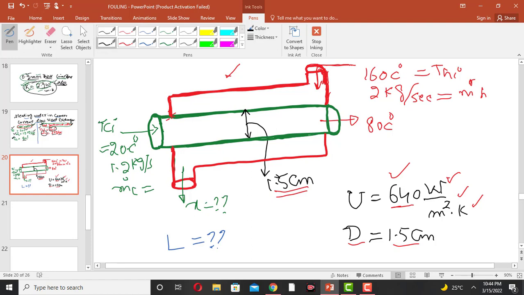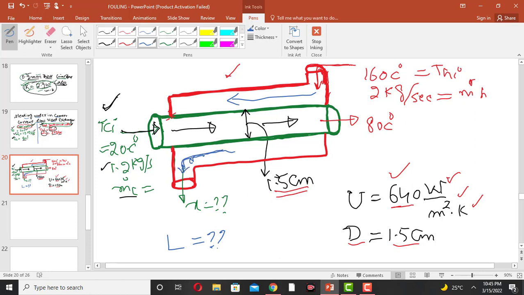This is the cold water. The inlet temperature of the cold water, T_ci, is 20 degrees centigrade, and the mass flow rate of the cold water is 1.2 kg per second. The cold water is flowing inside the tube, while the hot water is flowing in the shell side of the shell and tube heat exchanger.